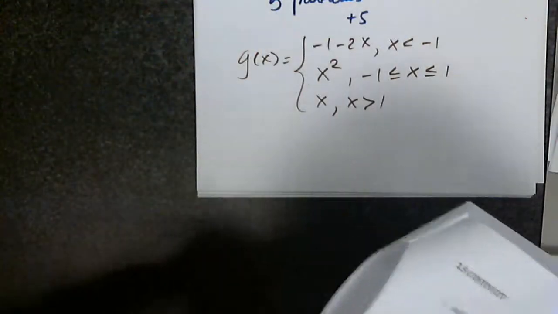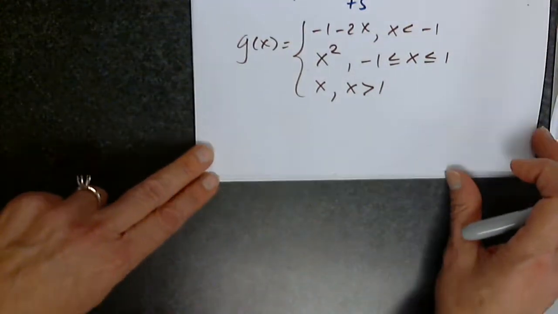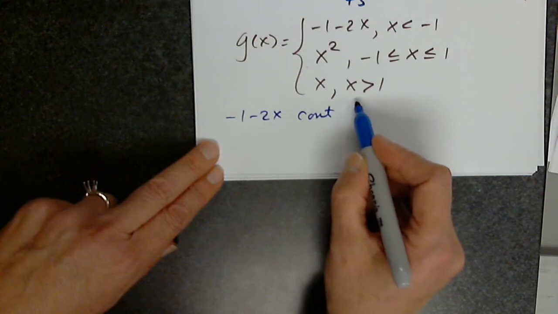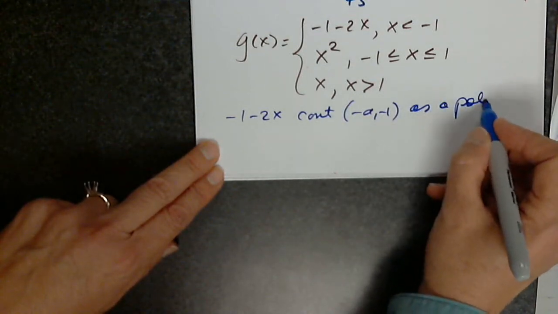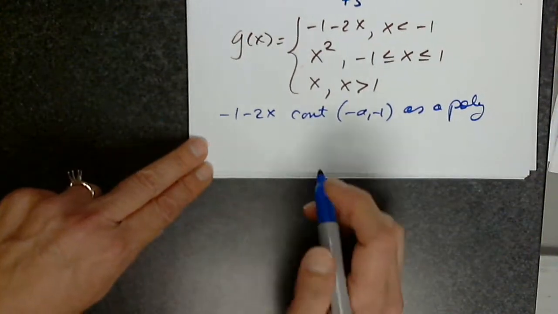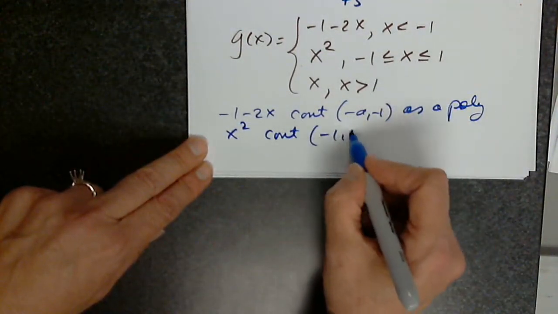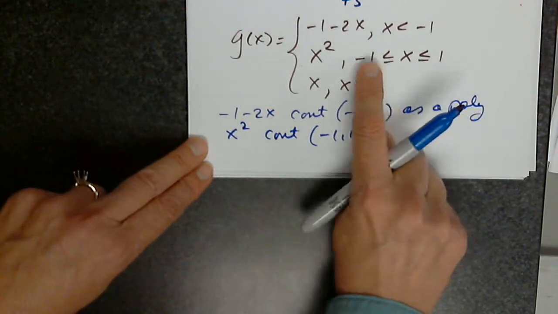Okay, so I can say -1 minus 2x is continuous on -∞ to -1 as a polynomial function. I would say x squared is continuous on -1, 1. I cannot include those points because I haven't checked what happens at those points.